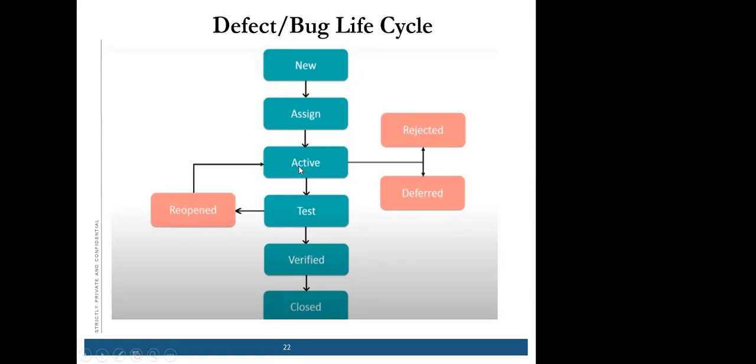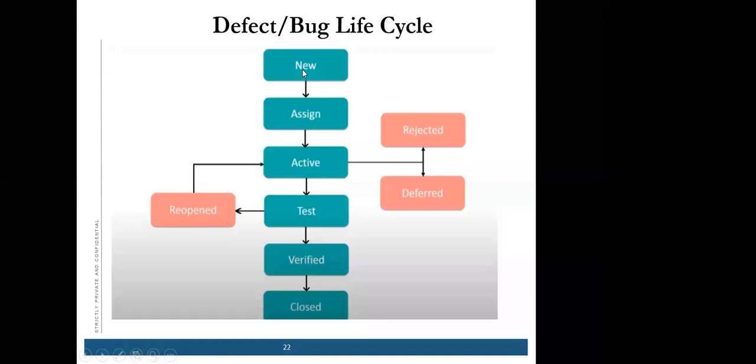Clear? And then they will test, and then verify and close. Now again in the active state, the developer can reject that bug. Rejection is also in 2 or 3 ways.